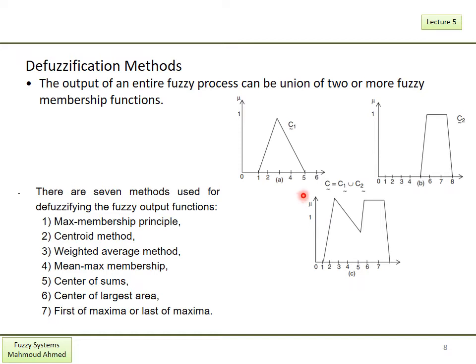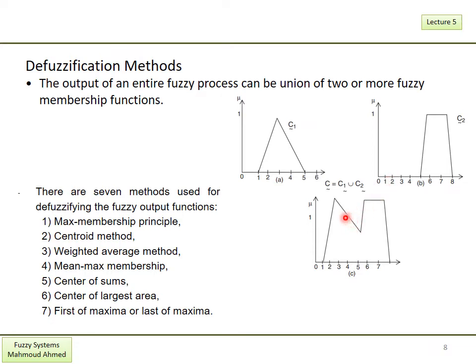For a fuzzy membership function, given some fuzzy sets as shown, fuzzy set C1 and fuzzy set C2, we have here two different fuzzy sets. One is a triangular fuzzy set and the other is a trapezoidal fuzzy set. In obtaining the entire fuzzy process, we take the union between the fuzzy set C1 and the fuzzy set C2.